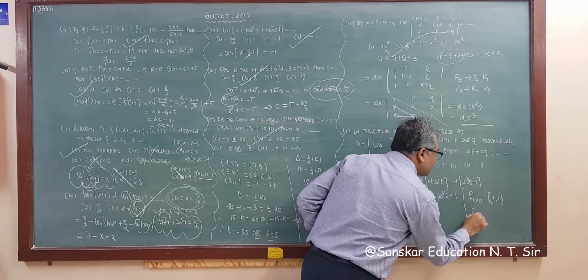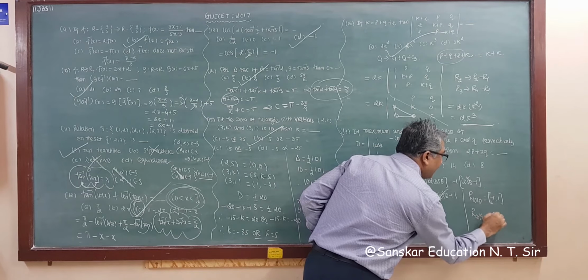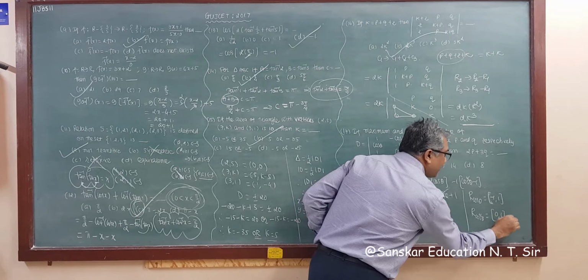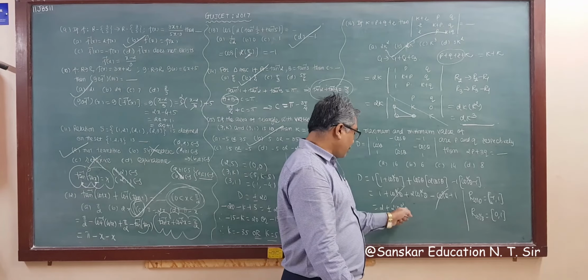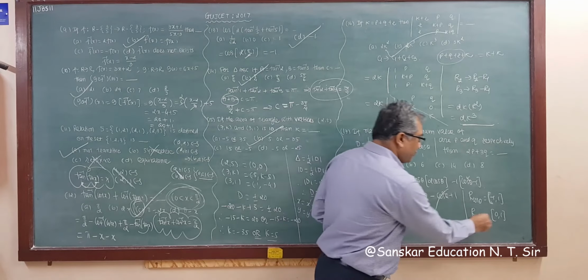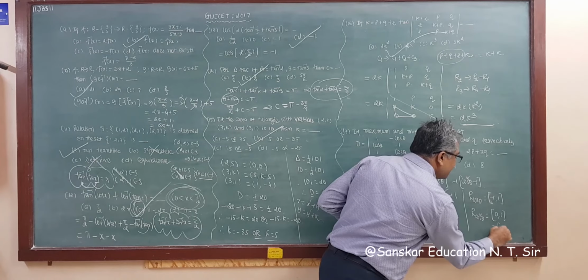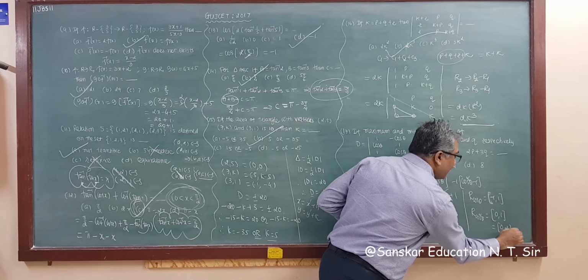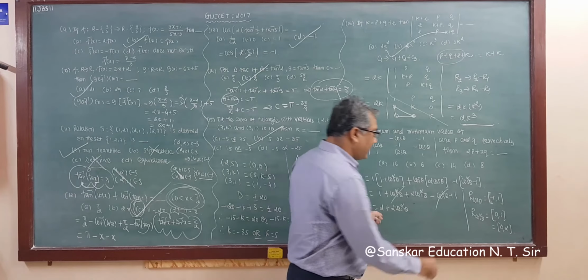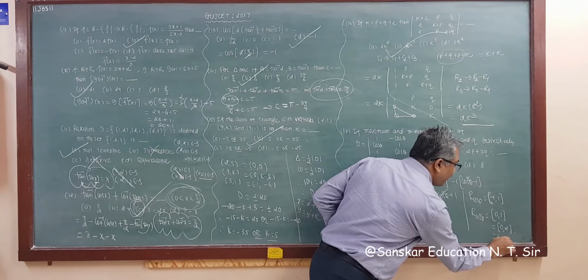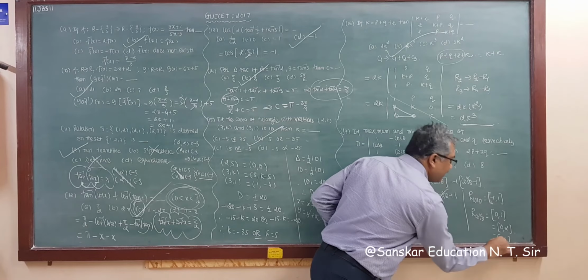And range of cos square theta is closed interval 0, 1, right? Now cos square is multiplied by 2. So multiplying by 2, what we get? This is 0, 2, and then adding 2, what we get? 2, 4 closed interval, right?